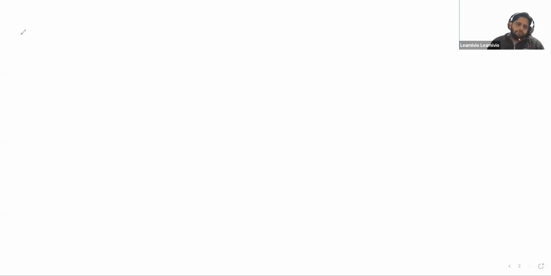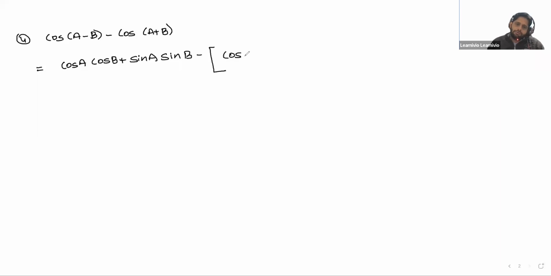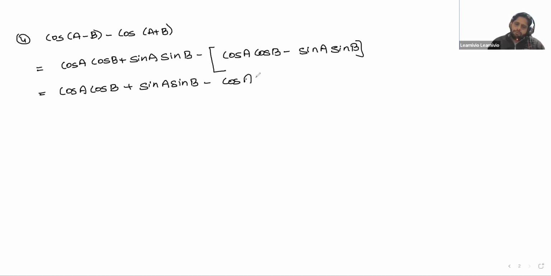Fourth one. Fourth is what? Cos A minus B minus cos A plus B. If we open this one, we get cos A cos B plus sin A sin B, minus, if we open this, cos A cos B minus sin A sin B. So we get cos A cos B plus sin A sin B minus cos A cos B plus sin A sin B. Cancel out these two.